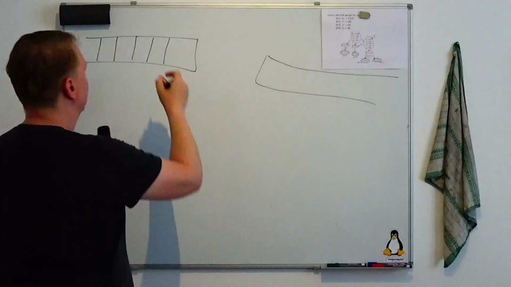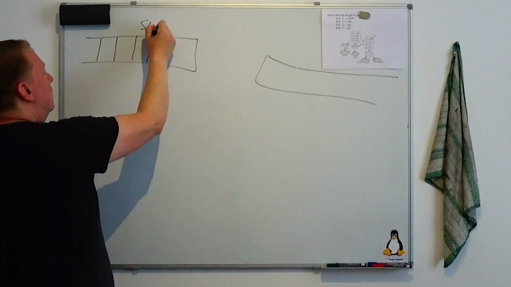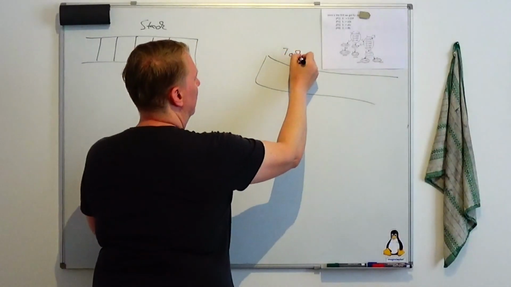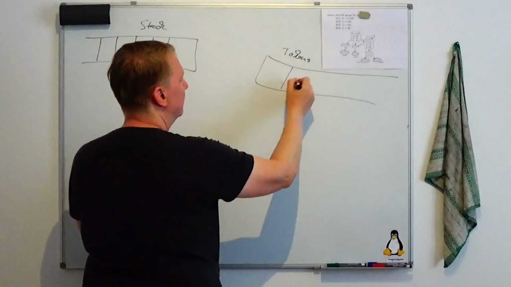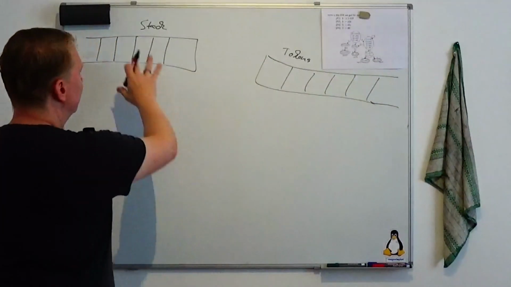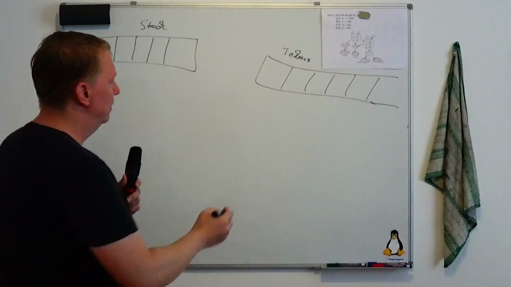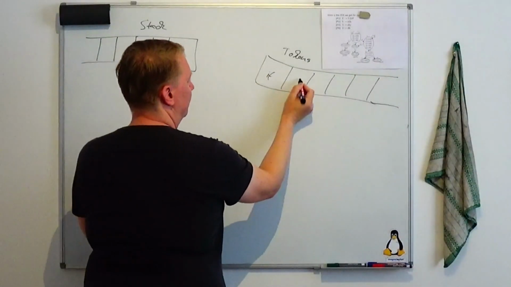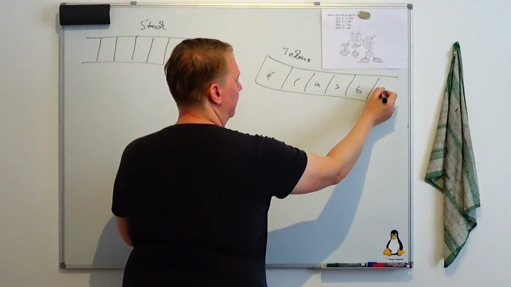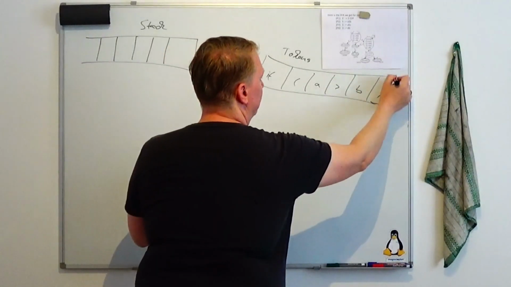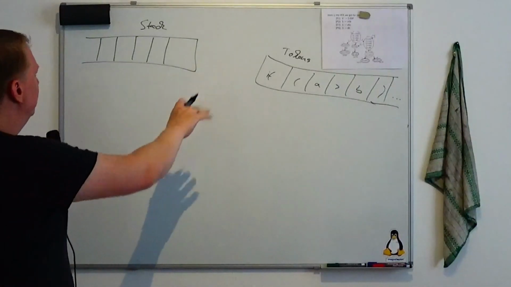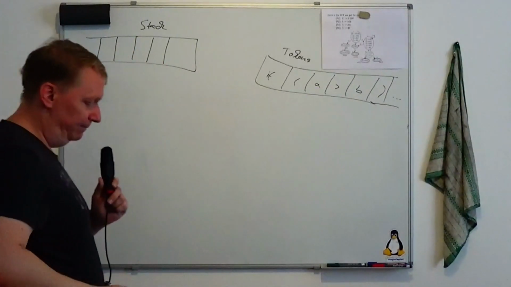Okay, and this is the stack, and this is our token stream. So this is the data that we get from the lexer, and this is our stack. Let's say if open parenthesis a greater b close parenthesis, and so on. So this is a token stream that we get, and here we have the stack.